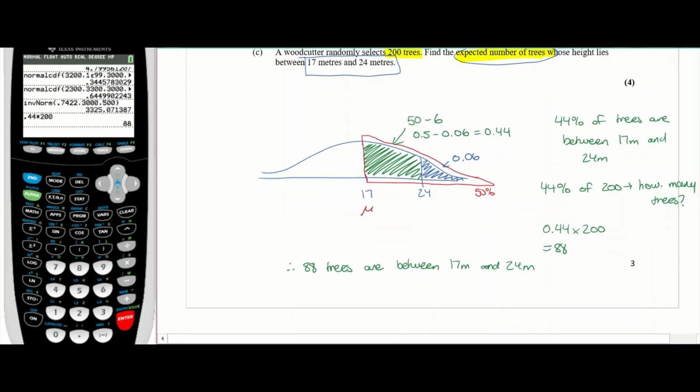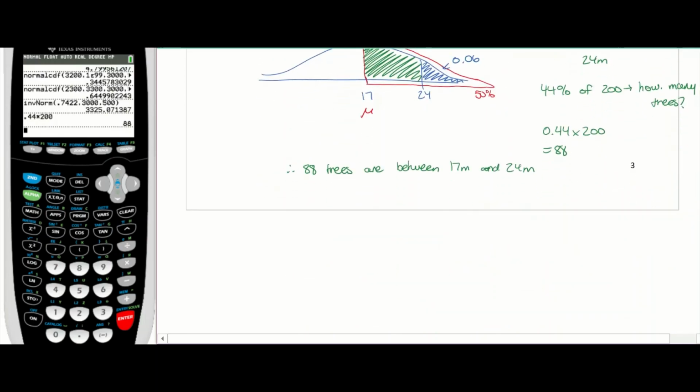So I guess I'd probably summarize with some key features of the distribution, right? So if we have a random normal distribution with a mean of mu, then we're going to have 50% of the data on this side and 50% of the data on this side. So this is going to be 50%. This is going to be 50%.